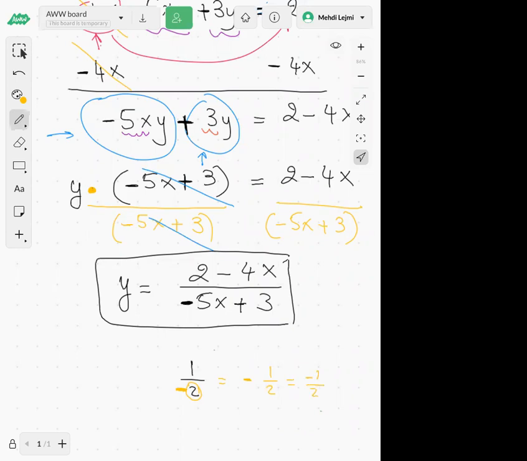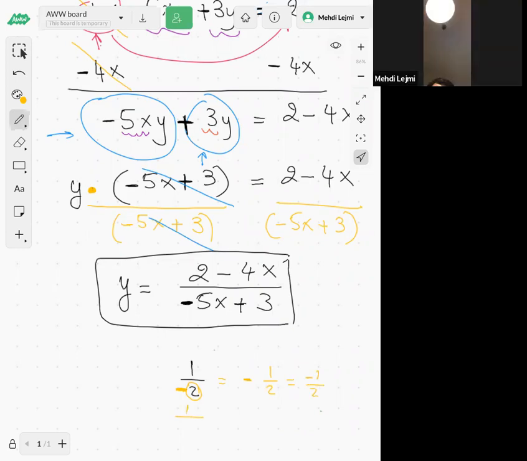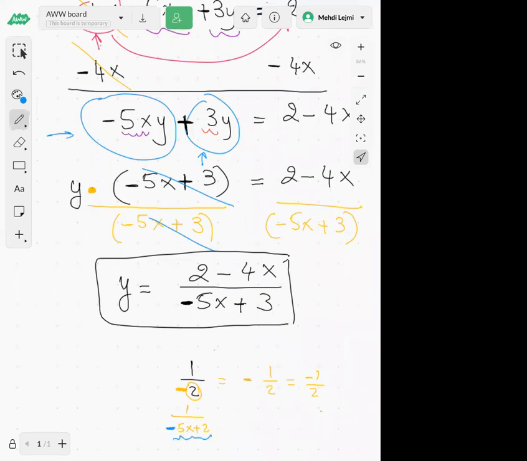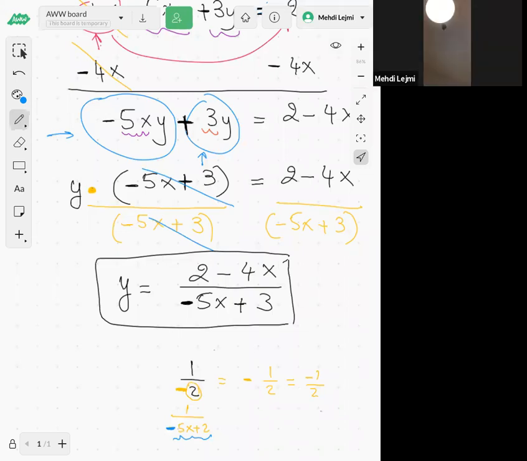You're right. But what I'm saying is that if you have 1 over minus 5x plus 2, you see this minus, it's not minus the whole denominator. The whole denominator should be the 5x plus 2, right? It's just minus 5x. That's why I cannot really move this minus to the top.